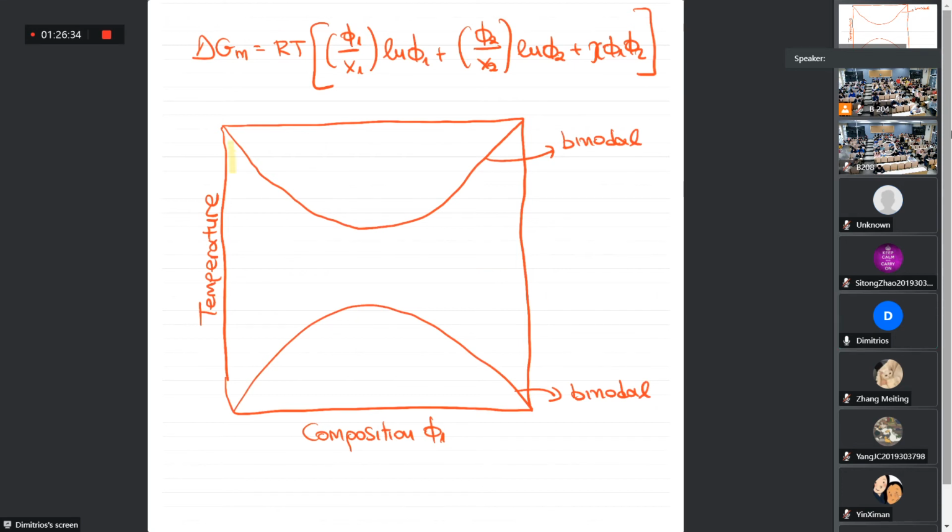As I said, everything here between these binodals, so in here we have single phase.